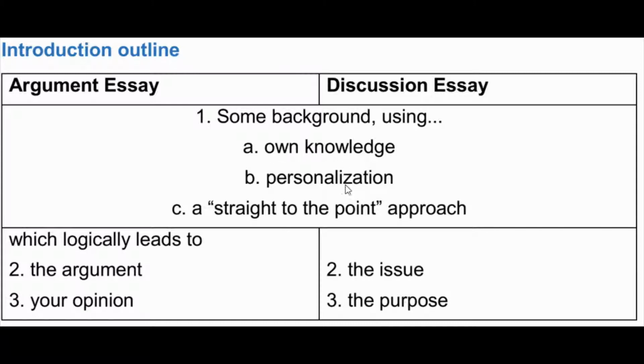Now, this is necessary because this background is going to lead to the argument and then the opinion. Otherwise, why are you making the argument? If you don't say why this is an issue, then why is there even the need for an argument if it's a non-issue?